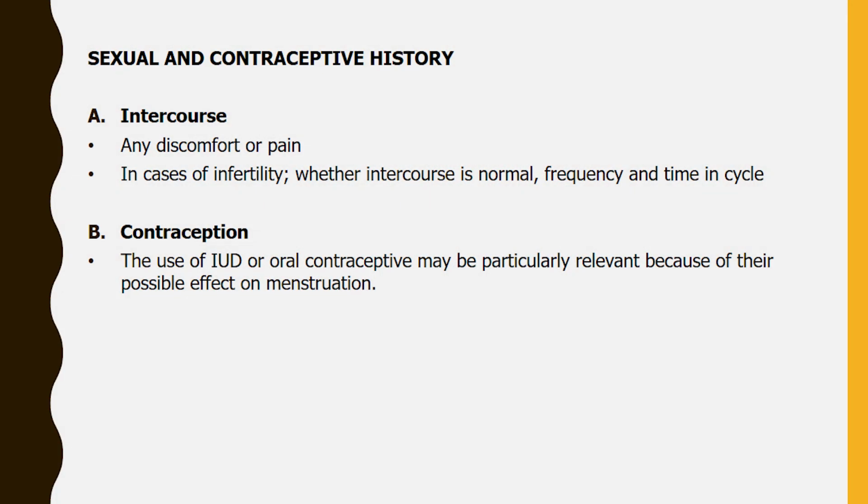Is this woman on any form of contraception, either oral contraceptives, injectable contraceptives, or a mechanical form of contraceptives? Because the knowledge of contraception will help the clinician and the patient to look at the problems in view.